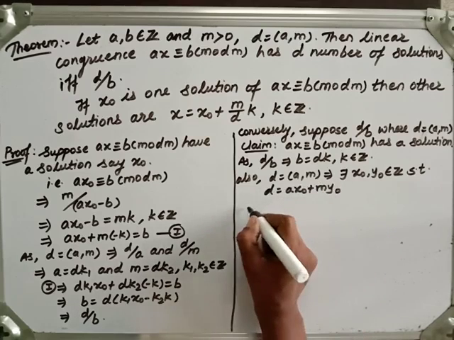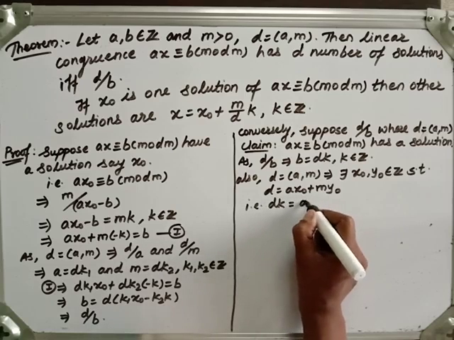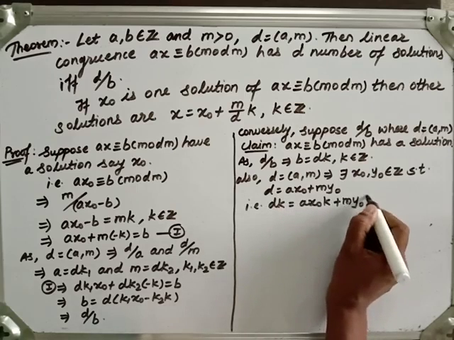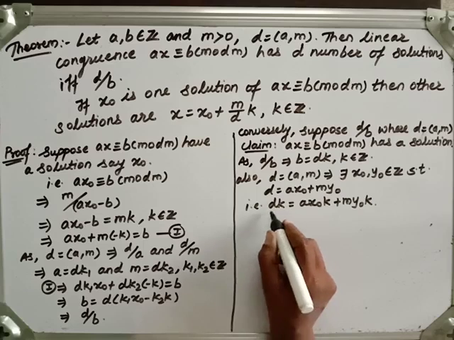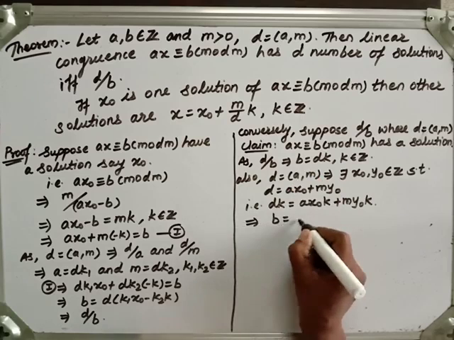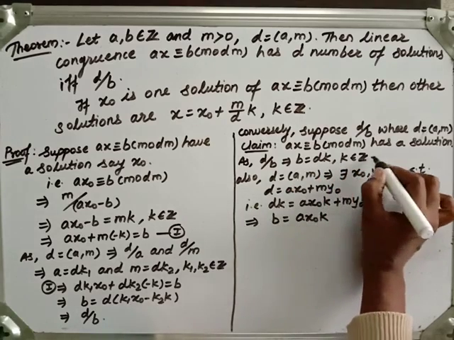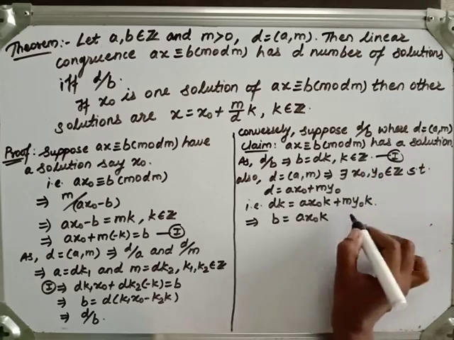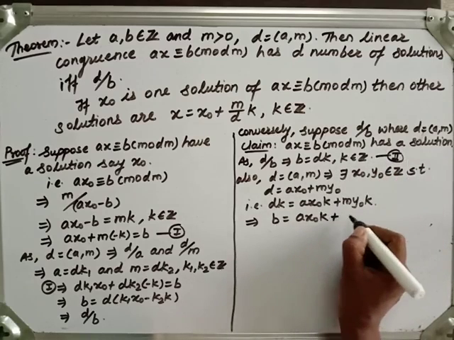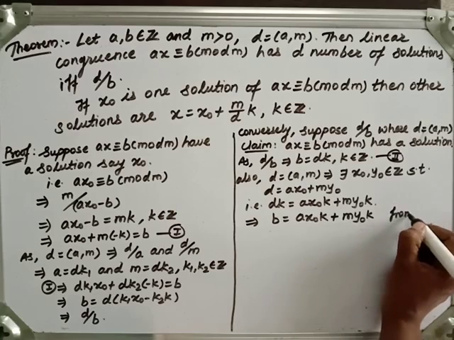That is DK is equal to A x naught K plus M y naught K. I have multiplied throughout by K. So this DK is nothing but B. So this gives B is equal to Ax naught K plus M y naught K. We can call this 2. From 2 we can write it here.